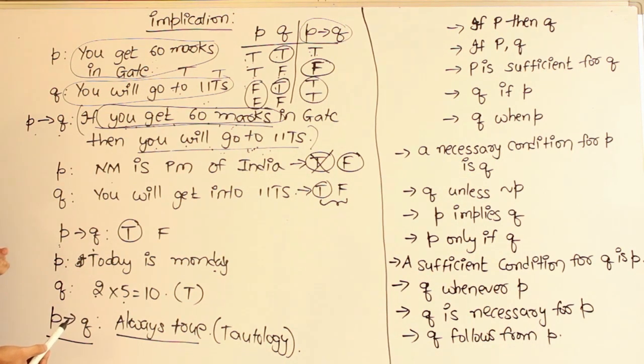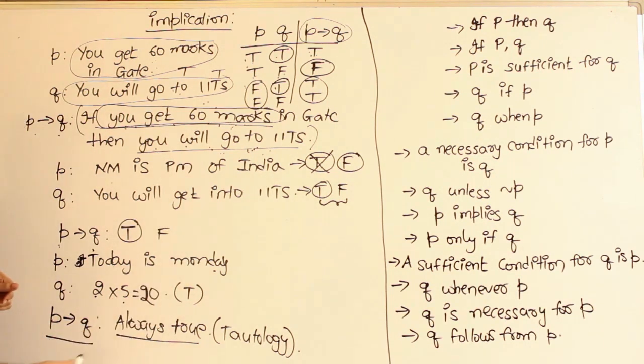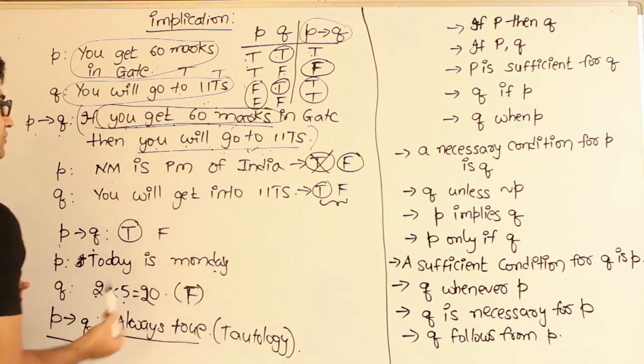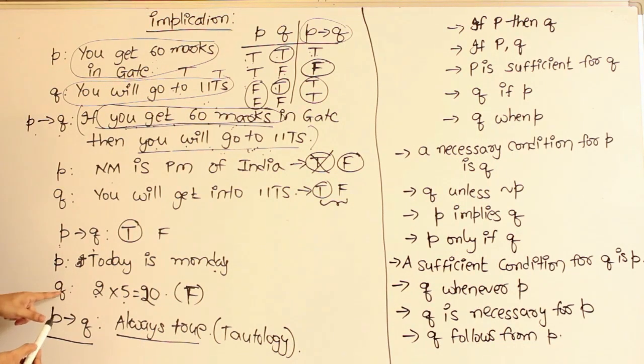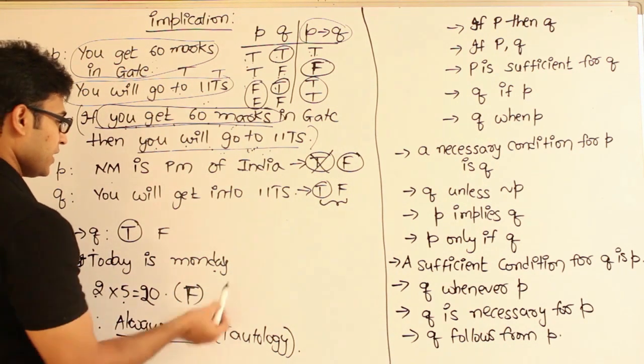Let us say it is given as 2 into 5 equals 20. Then this is false. Now this statement happens to be false, and P can be true or false. Let us say today is actually Monday.